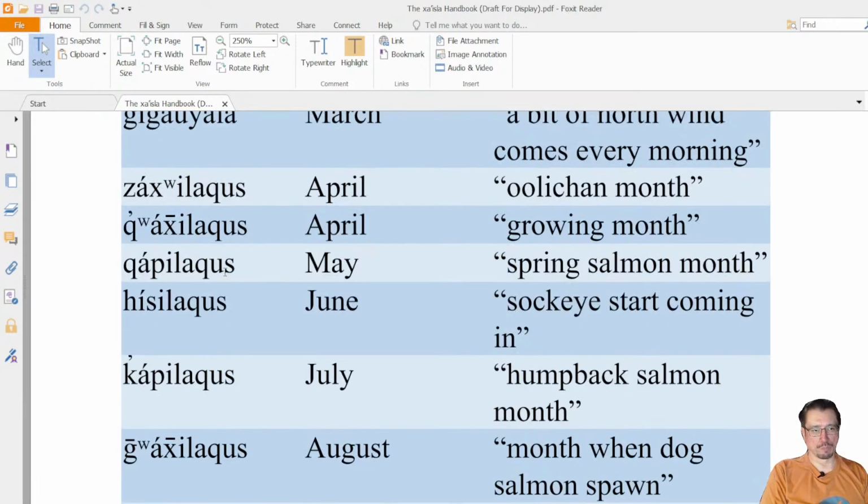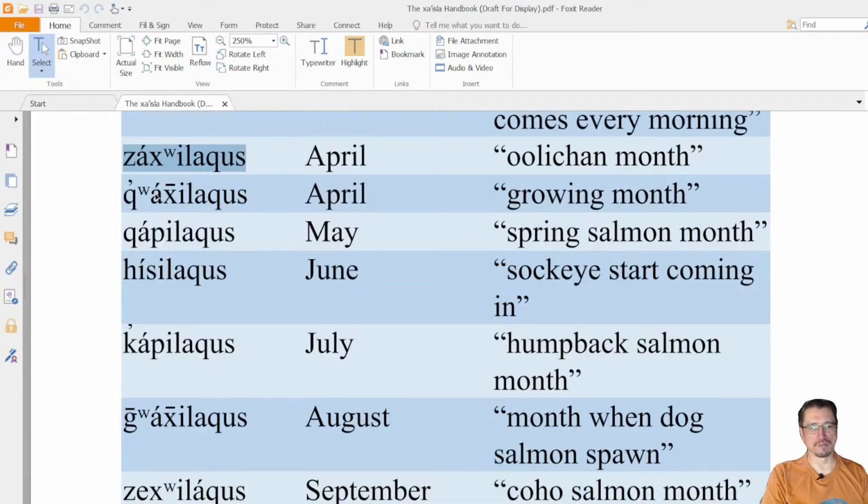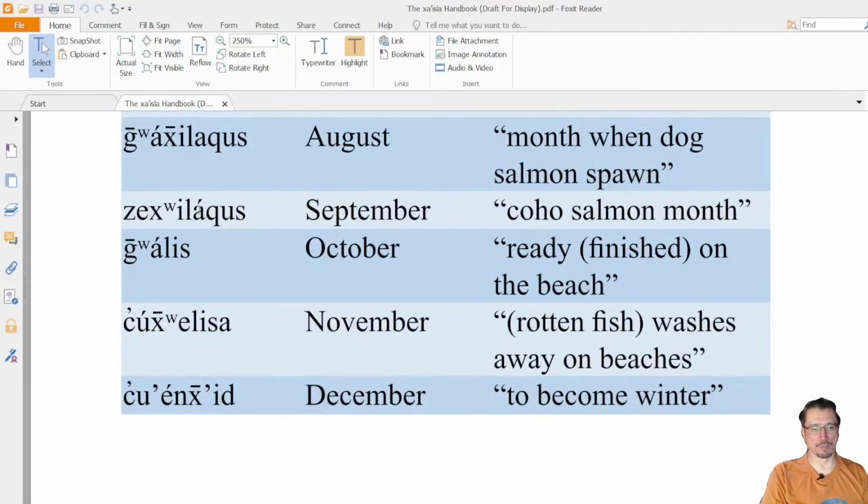So pay attention, because as we just saw a little while ago, there's another month that has a similar sounding name. One thing that sets them apart is the accent placement. So this A has an acute accent over it, so that means we place emphasis on the first syllable. So for the first 2 weeks of April, we call it Zahuilacos. We're placing emphasis on the first syllable. For September, the A is on the third syllable.